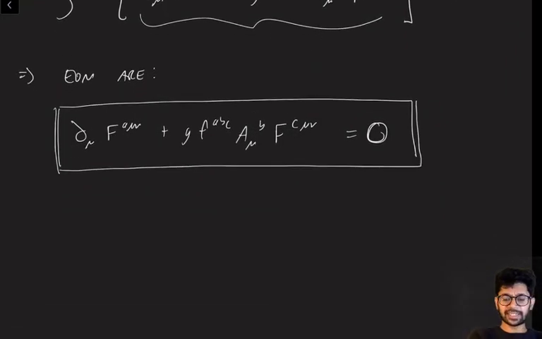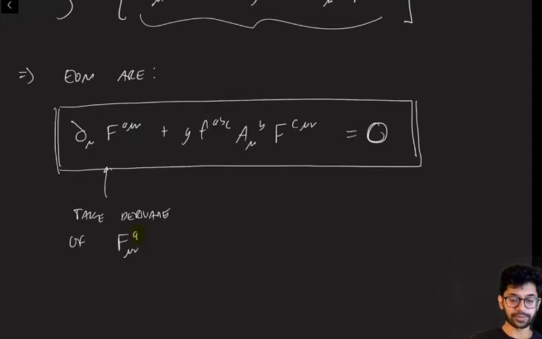Now, if you look at this, this is actually extremely elegant. Let me tell you why. Notice that what you're trying to do here is take the derivative of something that transforms in the adjoint. We're taking the derivative of F^a_μν, but F^a_μν transforms in the adjoint. We already know that because F transforms as U F U dagger.